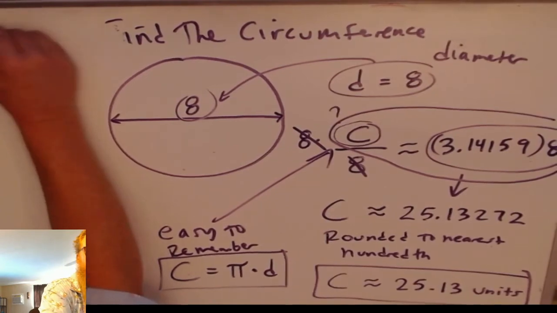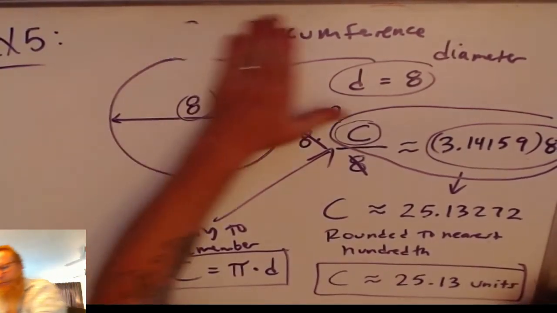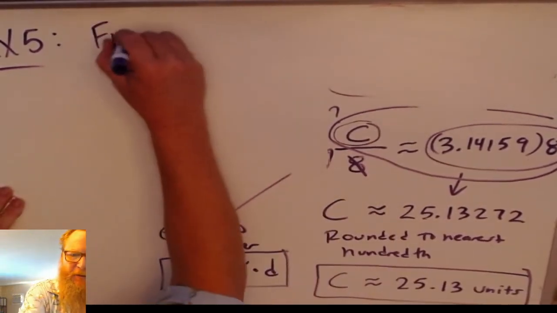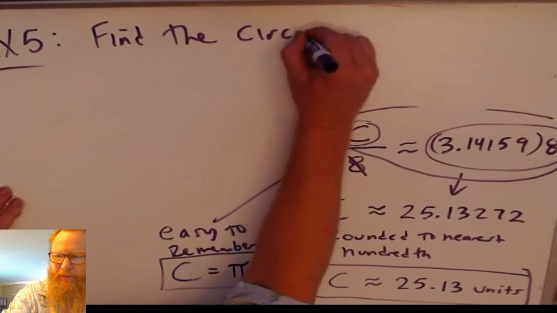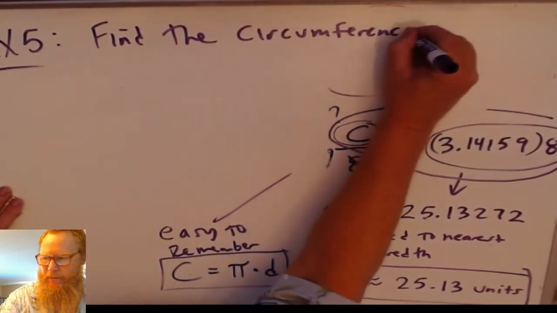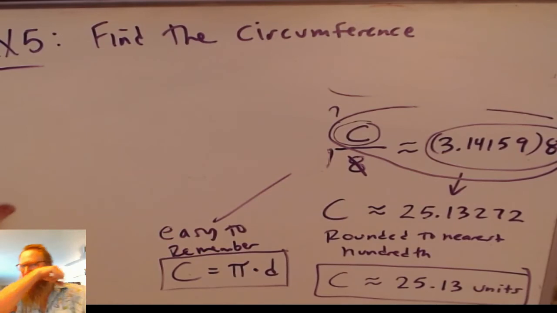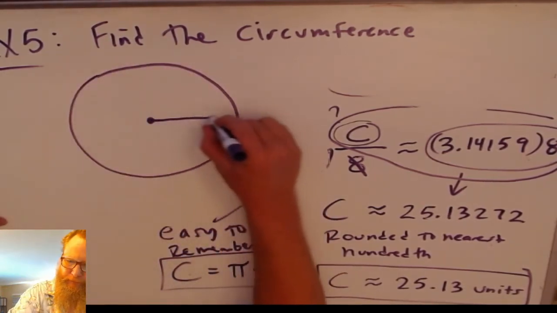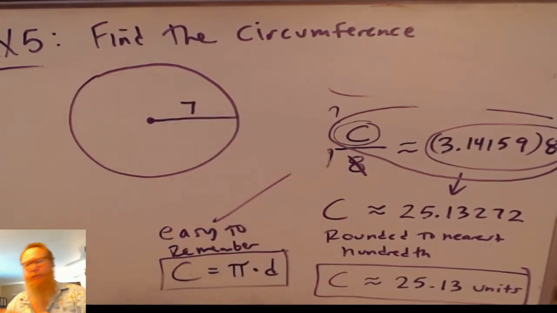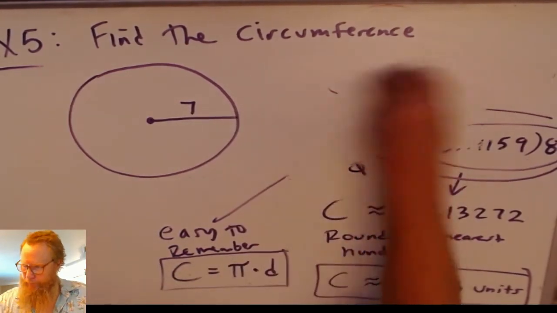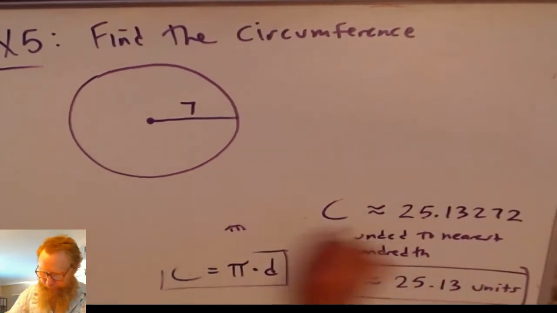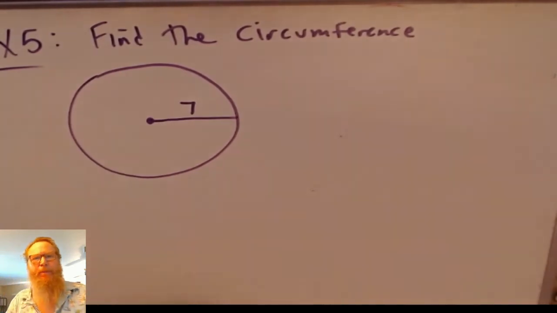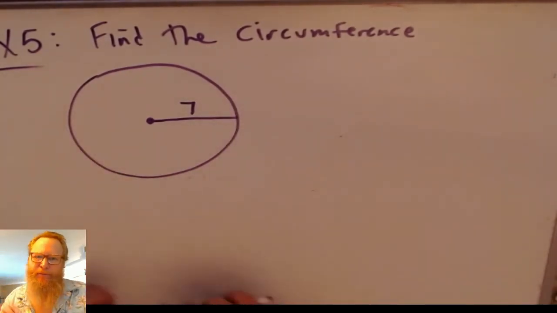Example 5. Find the circumference. And I know my circle's not perfect, but just bear with me there, right?